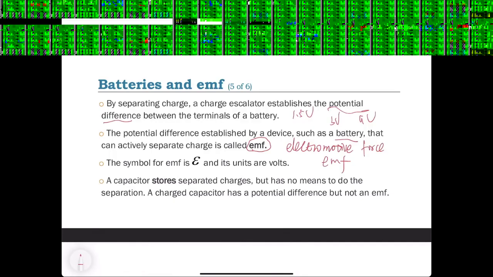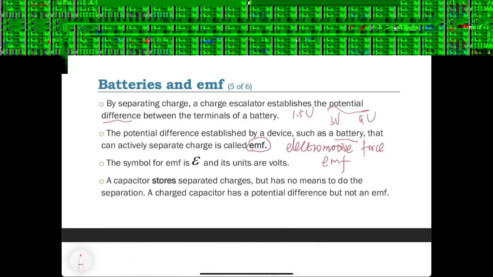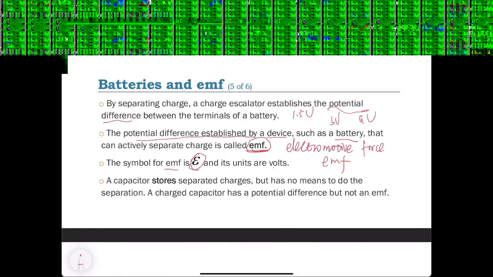It represents the maximum potential difference a battery can provide to a circuit. This is the potential difference established by a device that separates charge; it's called EMF. The symbol for EMF is this one, and its units are volts.